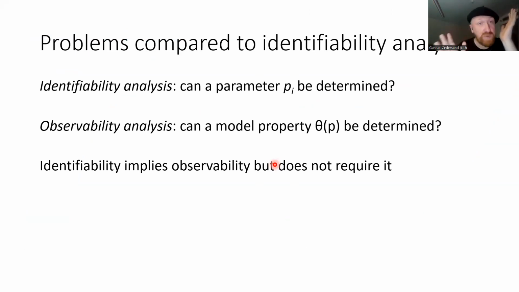So in this example that we had with these two ways of eliminating A, we know that we have problems identifying them uniquely, but the sum of them we can determine.